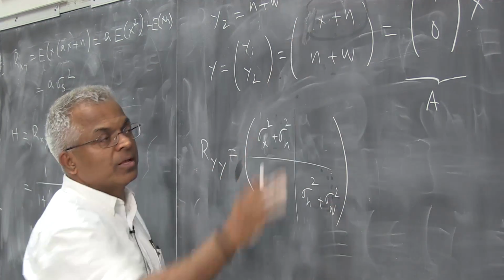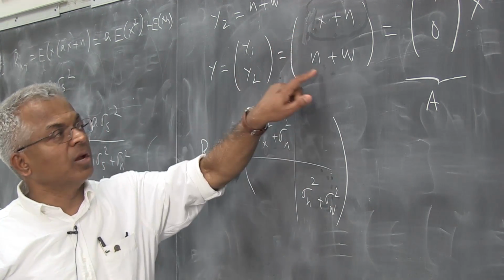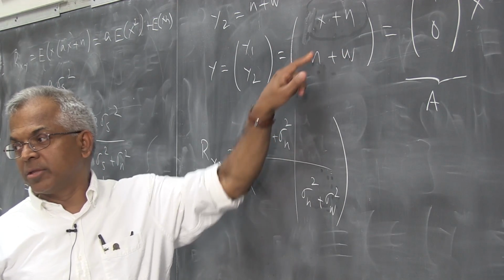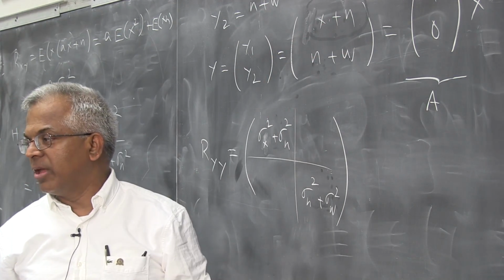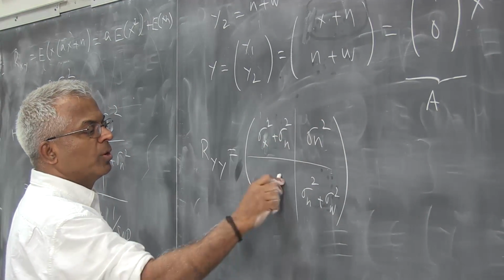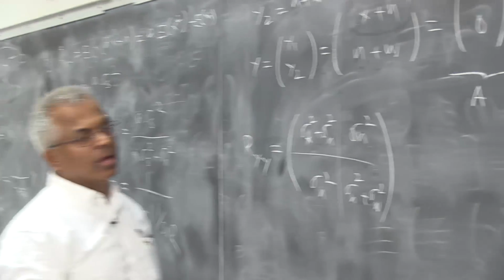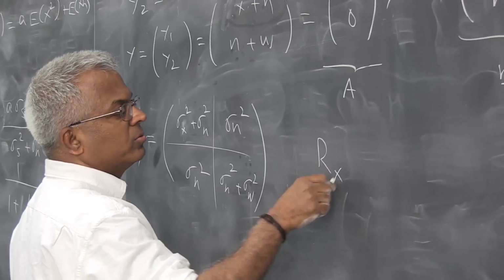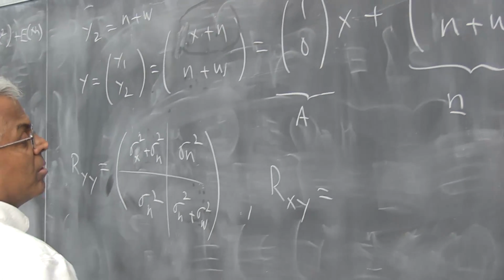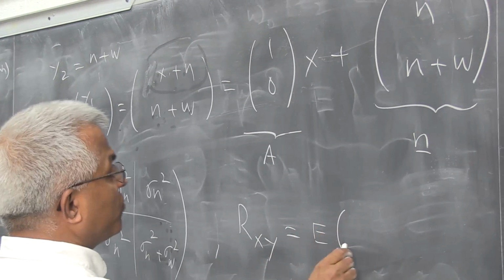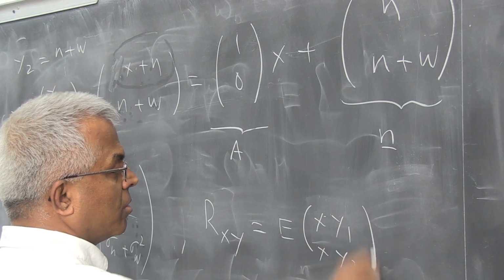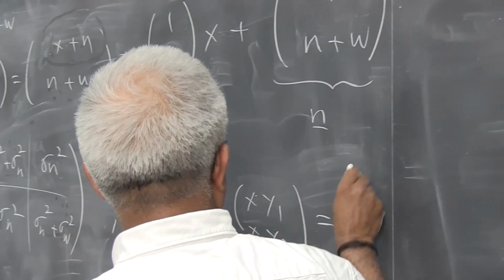If you cross multiply this, what happens? X is uncorrelated with noise. These two are uncorrelated. So there will be only one term, expected value of n squared, which is sigma n squared here. And let's find out Rxy also. So expected value of x multiplied by, so what do you get?